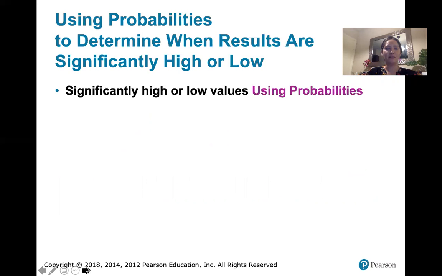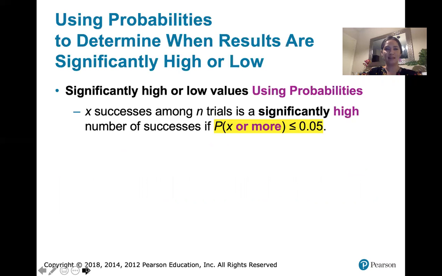Now remember, in 5.1, we said that X successes among N trials is a significantly high number of successes if the probability of getting X successes or more successes than that is less than or equal to 0.05. Our probabilities are always numbers between 0 and 1 inclusive.